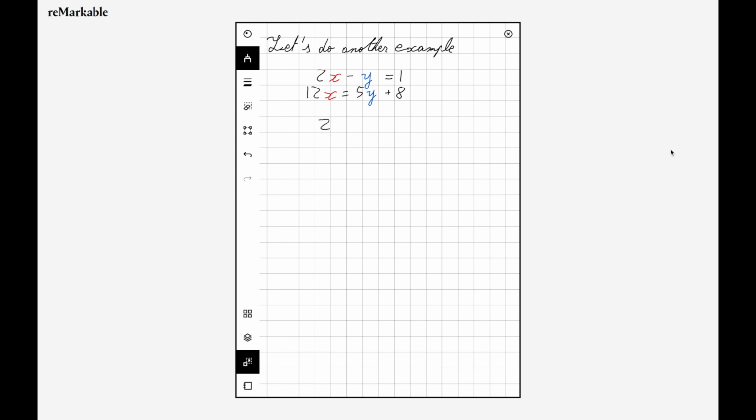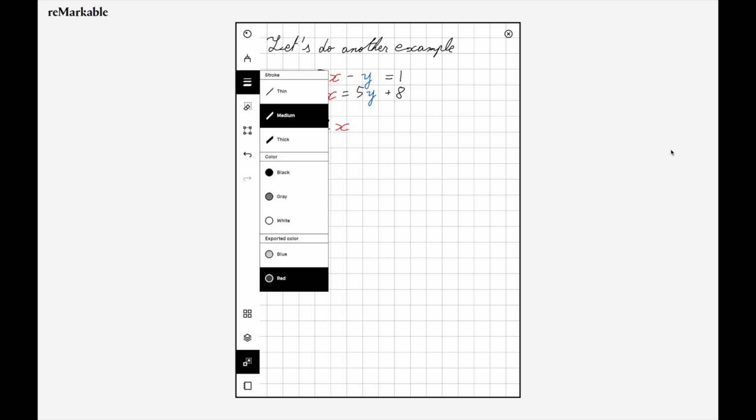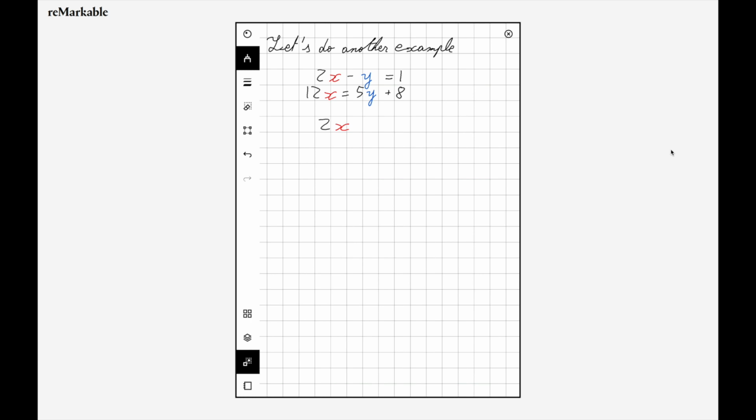Regardless of which equation you start with or which variable you create the expression of first, you should always end up with the same end result. And let it be an exercise to the watcher, if they so wish, to redo all these examples, but mixing it up, choosing the other equation, and so on.